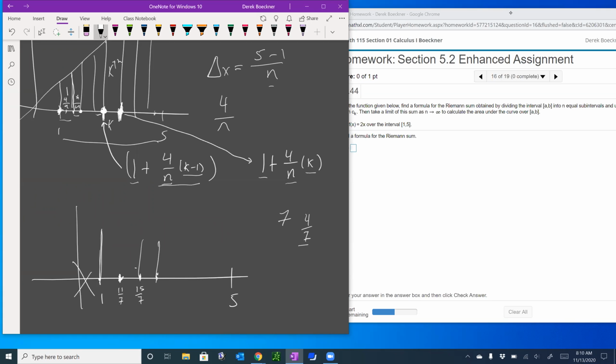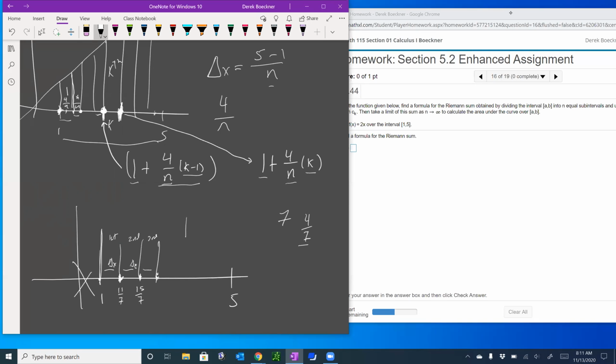That's not a rectangle. At the third rectangle, I will have gone through 2 rectangles to get to the left-hand side, but I will have gone through 3 of them to get to the right-hand side. And so I need to add delta x. This is the first, second, third.